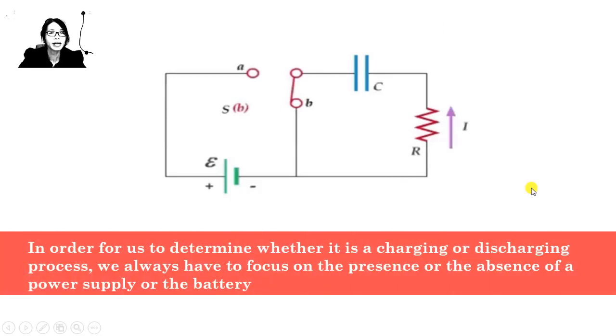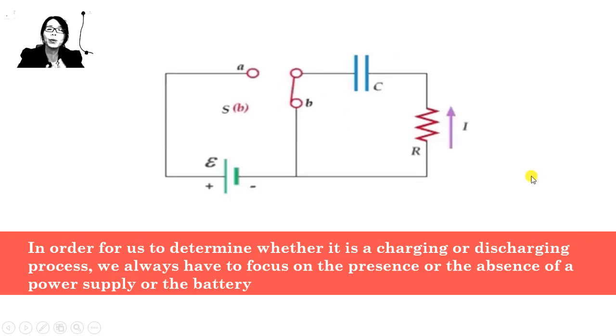Again, in order for us to determine whether it is a charging or discharging process, we always have to focus on the presence or the absence of the power supply or the battery. Without the battery or any power supply, this circuit is what we call a discharging process.